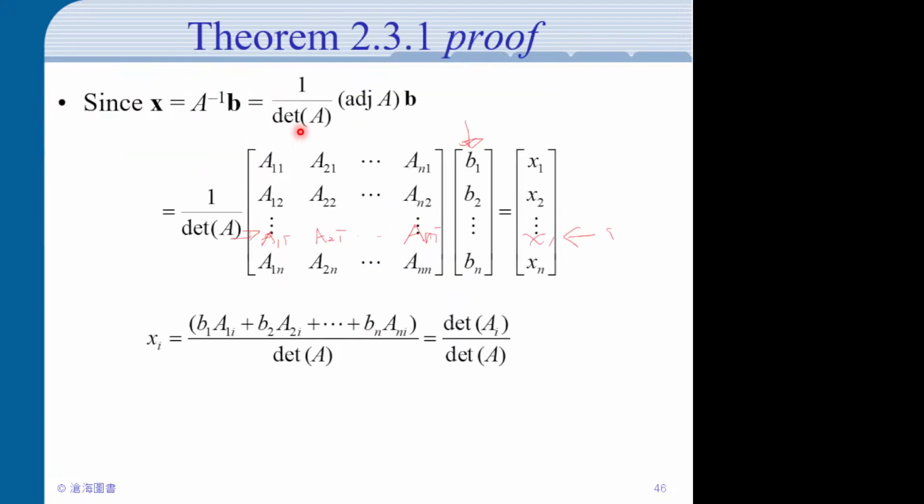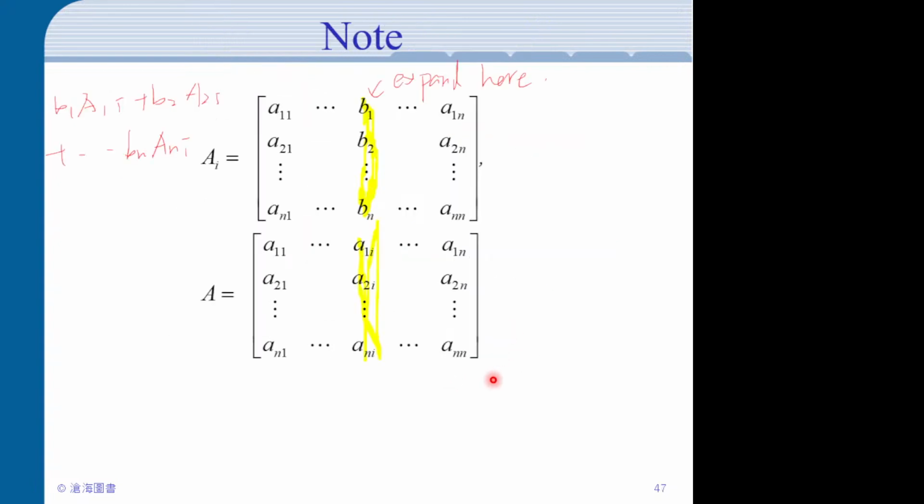And so we prove our rule. So this thing is determinant of Ai divided by determinant of A. And once again, A is non-singular, so you can divide by a non-zero determinant of A.